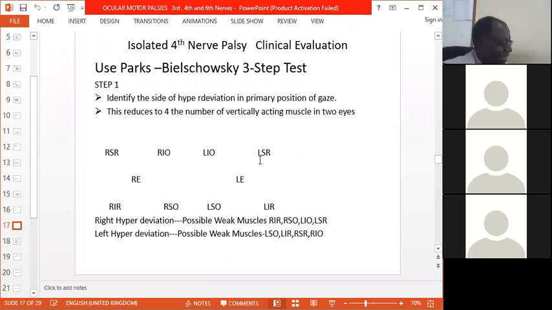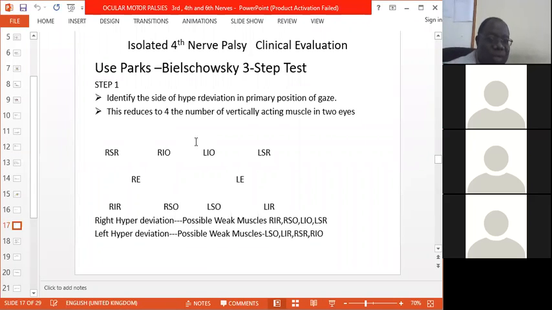Do we agree? Because these left inferior oblique, they work together with these muscles there to elevate both eyes up. So now, this is working, it's higher than the other eye.